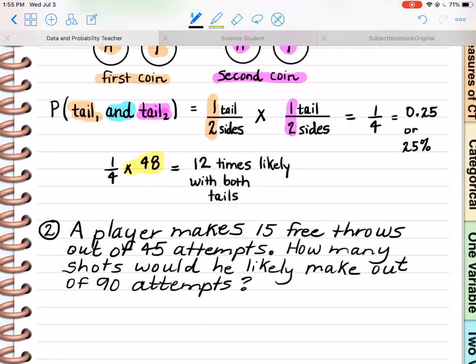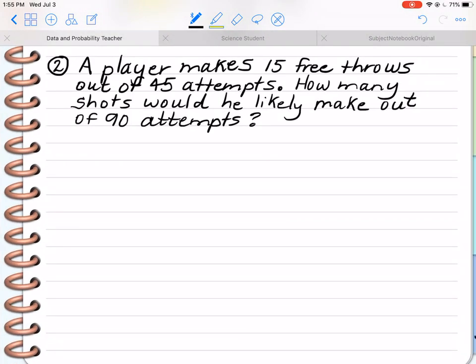Okay, number 2. A player makes 15 free throws out of 45 attempts. How many shots would he likely make out of 90 attempts? I'm going to show you 2 ways of doing this. I will show you the probability way. But then I want to show you another way.